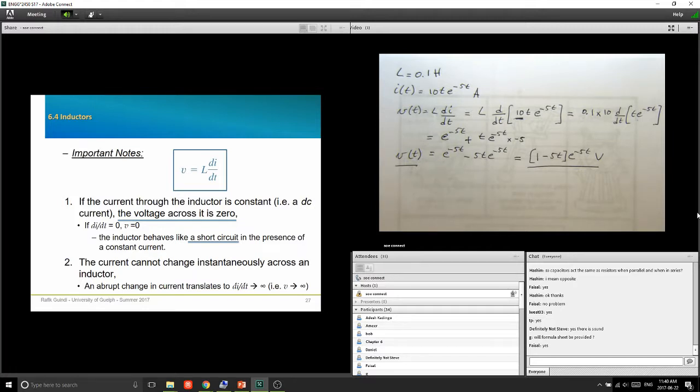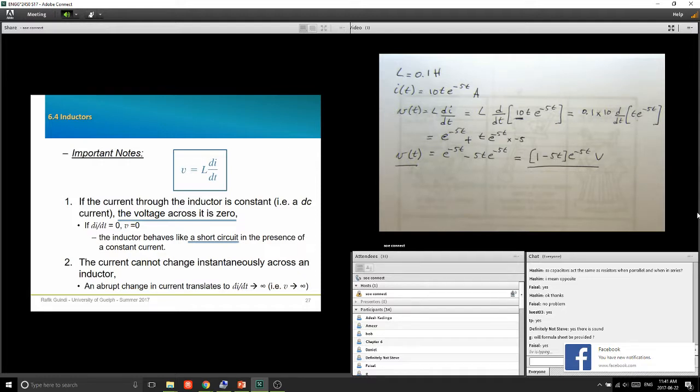So the inductor practically behaves like a short circuit if you have a constant current flowing through it. The capacitor behaves like an open circuit. If you have DC conditions, the inductor behaves like a short circuit.